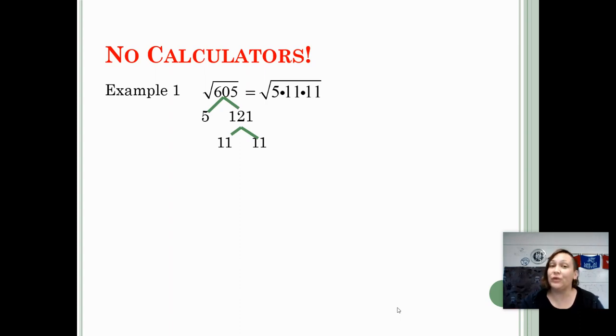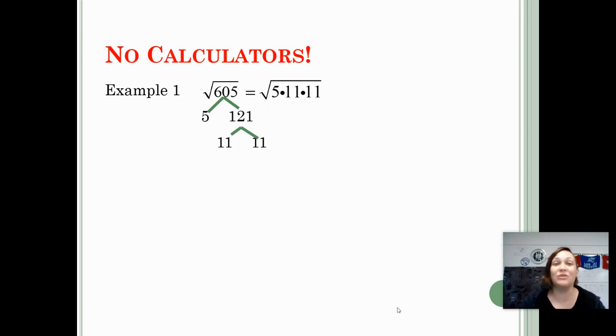Now, we are doing square root problems. A square root is when we look for a number that gets multiplied by itself to become the original number. So what we're looking for in these problems is two of a kind. Can we find two numbers that are the same?